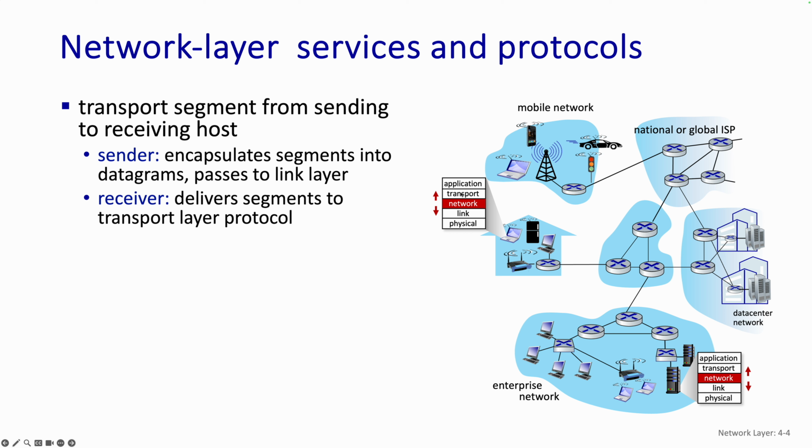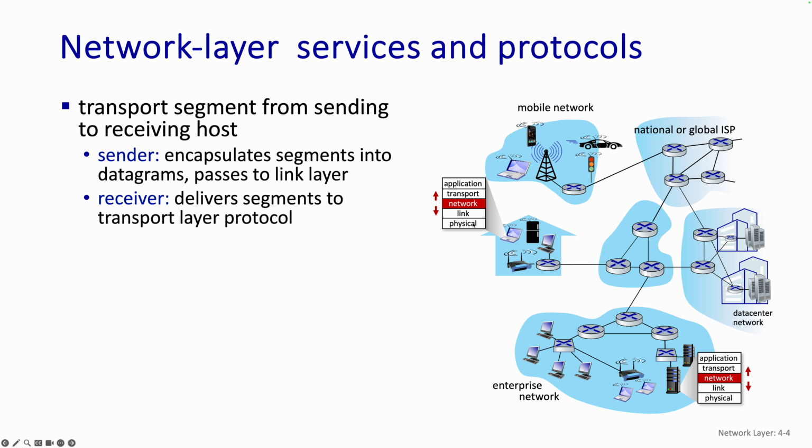Their job is like pretty much every other layer we've talked about so far. They take data from the layer above, in this case the transport layer, they encapsulate it into a segment, and then they pass it to the link layer, the layer below it. And on the receiving end, it does the reverse. It receives the data from the link layer, breaks it apart, looks at the header, takes care of all the stuff it needs to, and then passes it up to the transport layer. So that's what the end device is doing.